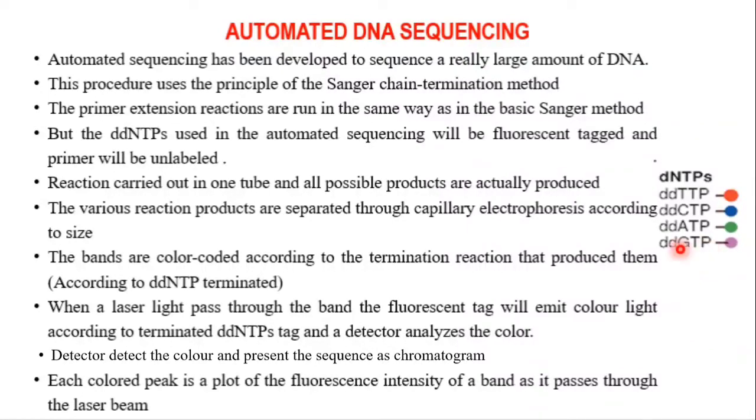The reaction is carried out in one tube, and then we go for amplification after adding all the components: enzymes, template DNA, primer, dNTPs, and ddNTPs. We get fragments of varying length, like we obtain in the four tubes of Sanger's method, but here we get all fragments in a single tube.